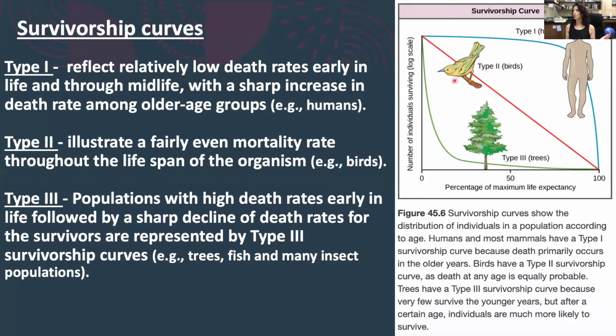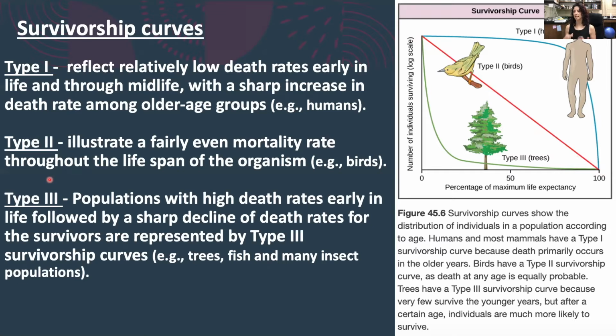Here we have the example of birds, and we have this straight line. And this just goes to show that there's an equal chance of dying at any point in the organism's life. Type 3 means when we have populations with high death rates early in life, followed by a sharp decline of death rates for the survivors.